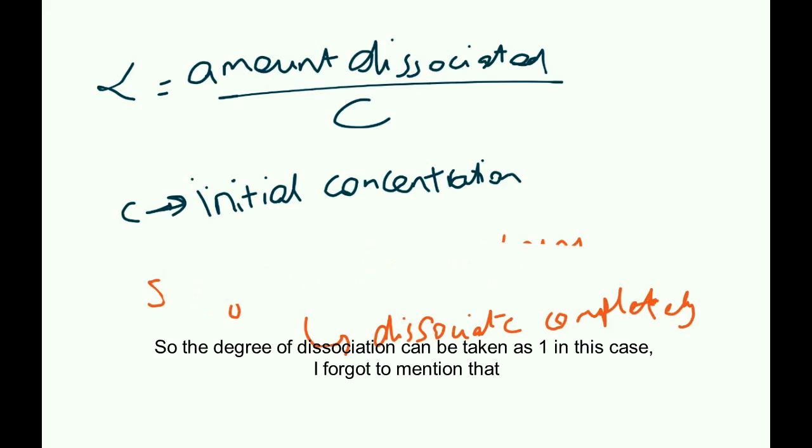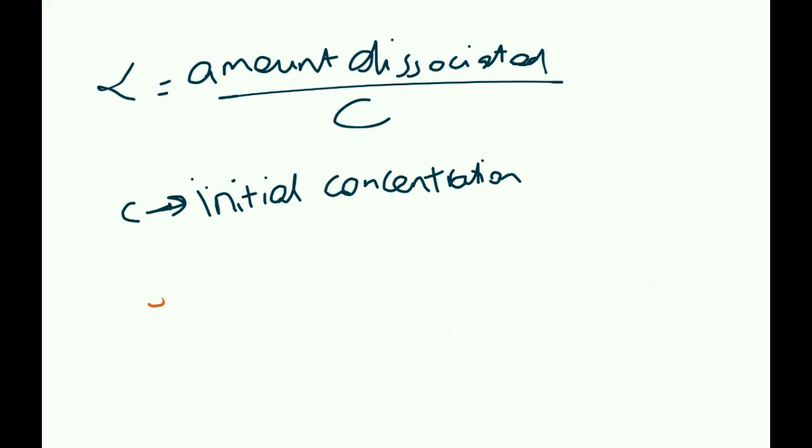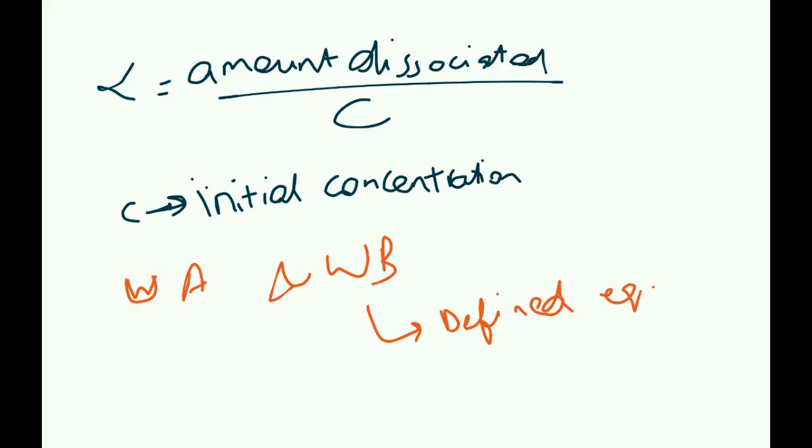But if I say weak acids and weak bases, there they get a definite, defined equilibrium state. So when we usually deal with ionic equilibrium, we'll be dealing with weak acids and weak bases. Just keep that in mind.